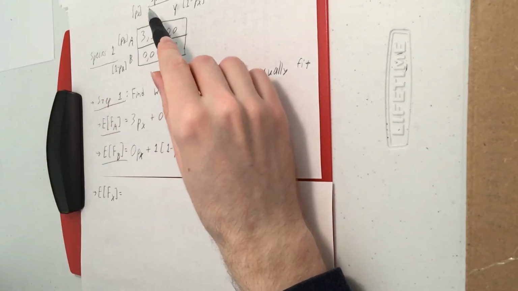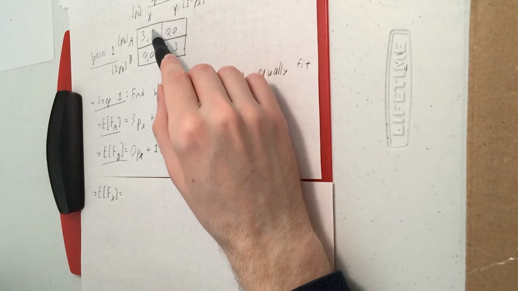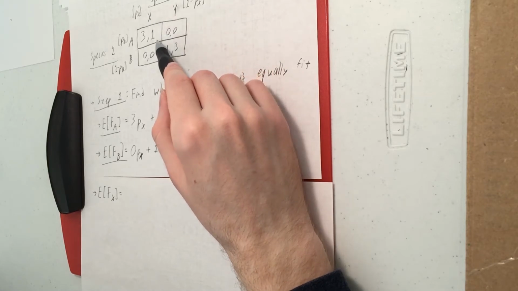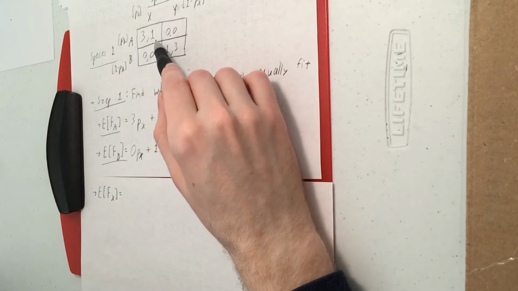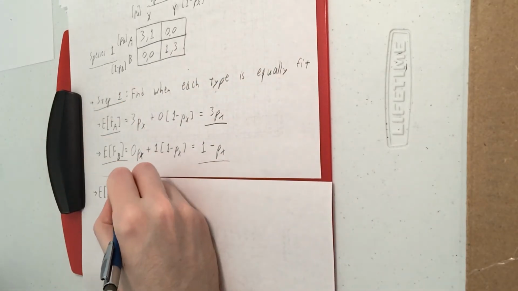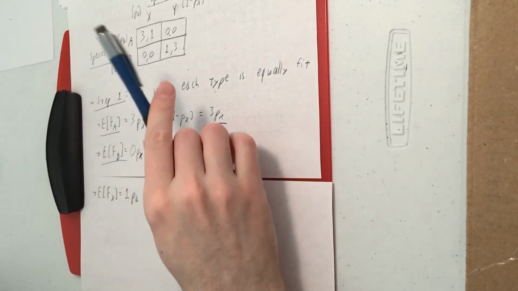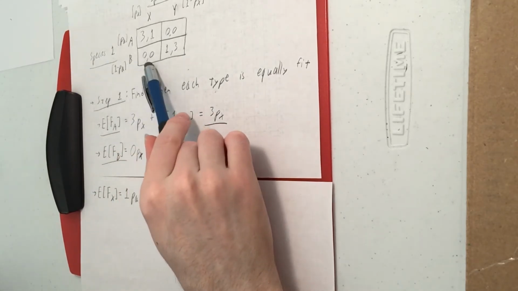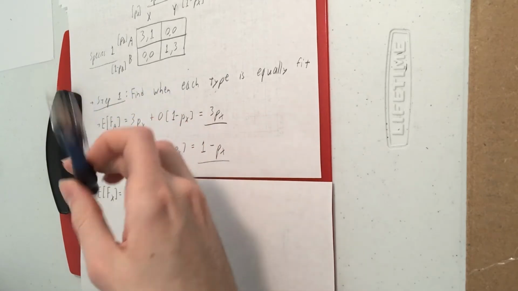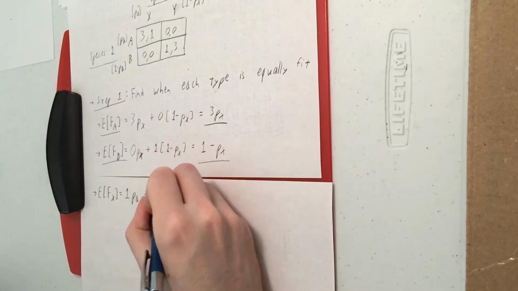So if you're an X type, then with probability PA, you meet an A type and you get a fitness level of 1. With probability 1 minus PA, though, you meet a B type. In that case, you get 0.